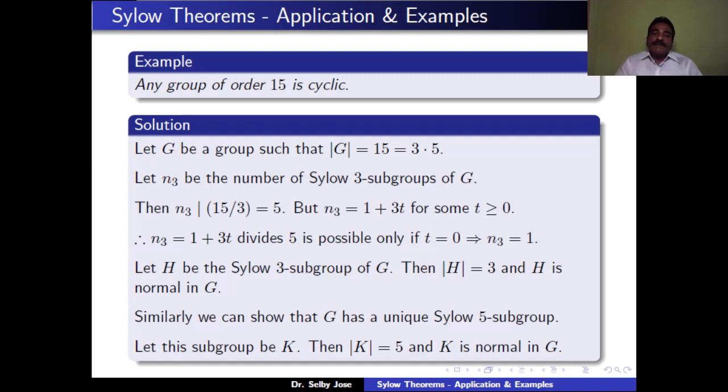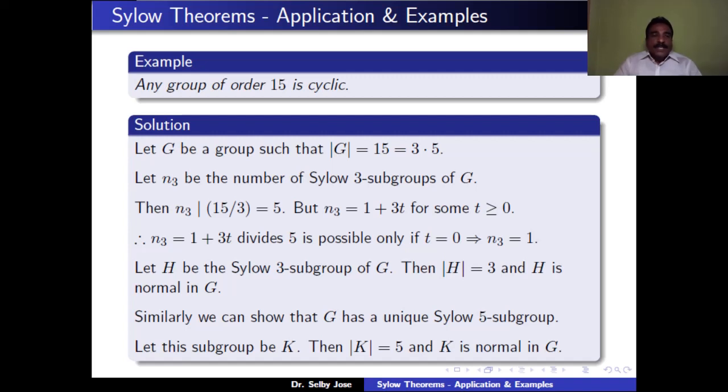But by the third Sylow theorem, n3 is equal to 1 plus 3t for some t greater than or equal to 0. So 1 plus 3t divides 5. And this is possible only if t is equal to 0. So when t is equal to 0, n3 becomes 1.